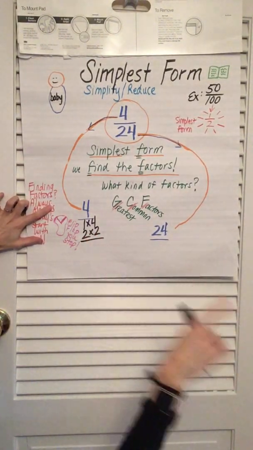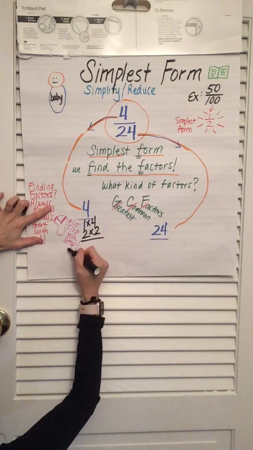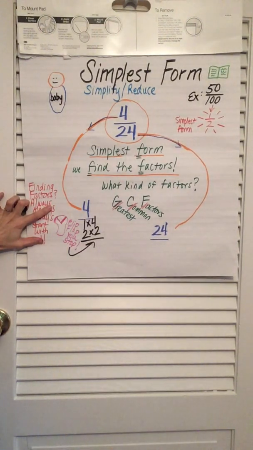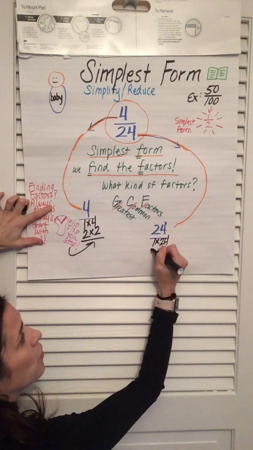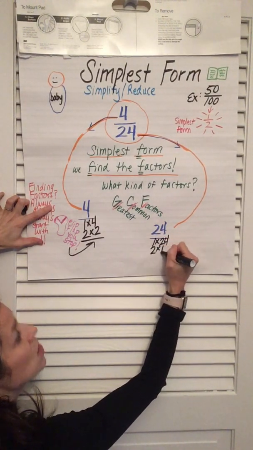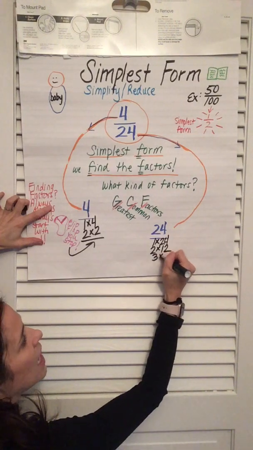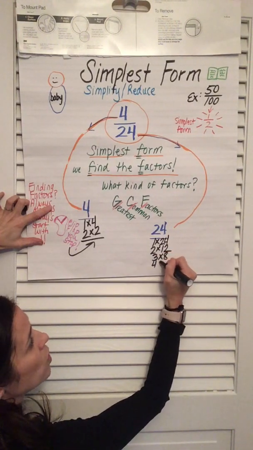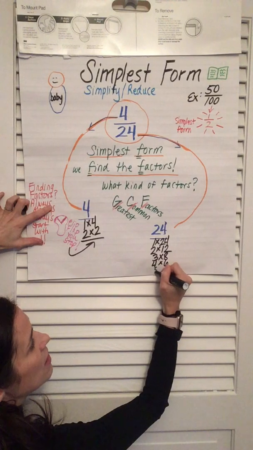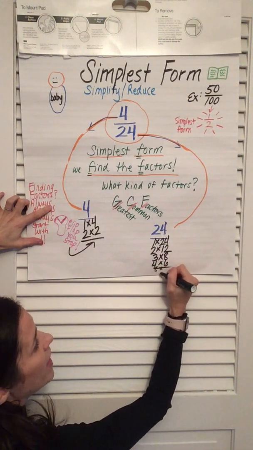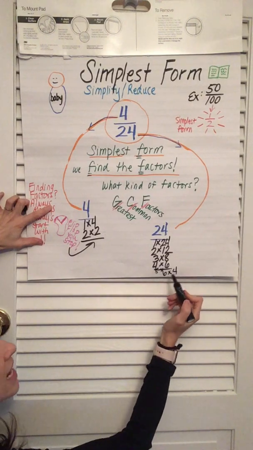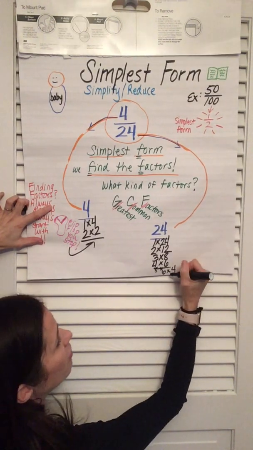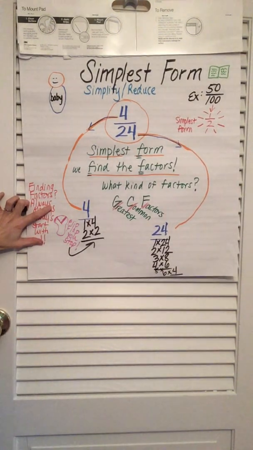That means it's a flip, flop, you stop. Let's find factors of 24. 1 times 24, 2 times 12, 3 times 8, 4 times 6, 5 times nothing, 6 times 4. Hey, wait, 4 times 6 and 6 times 4. That's a flip, flop, you stop.